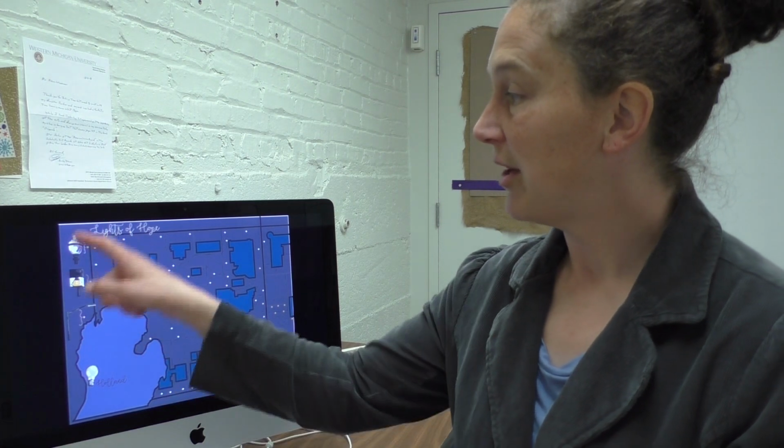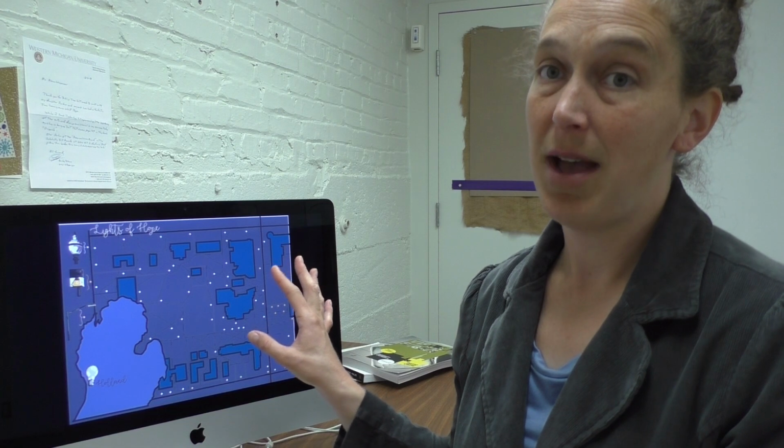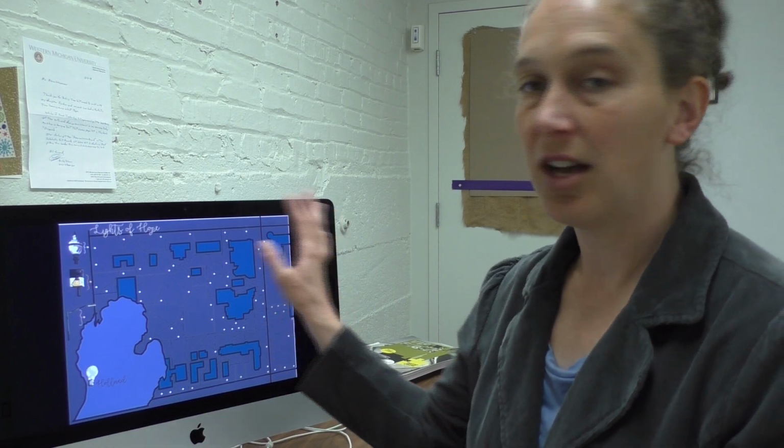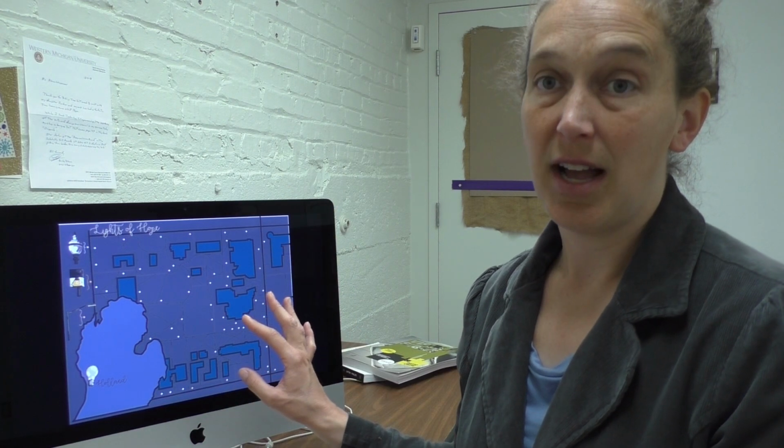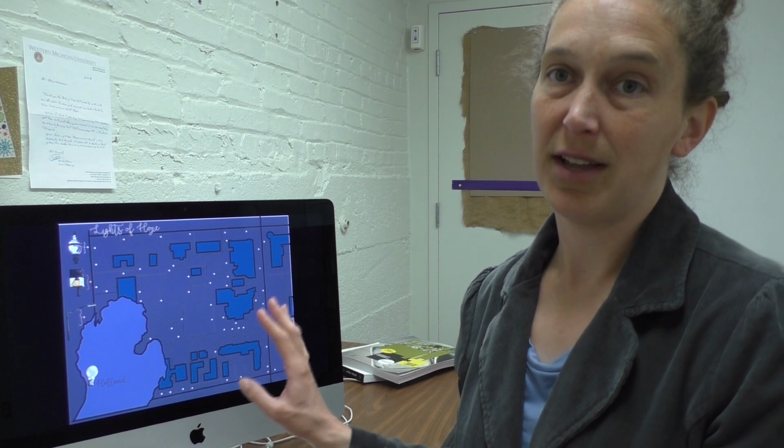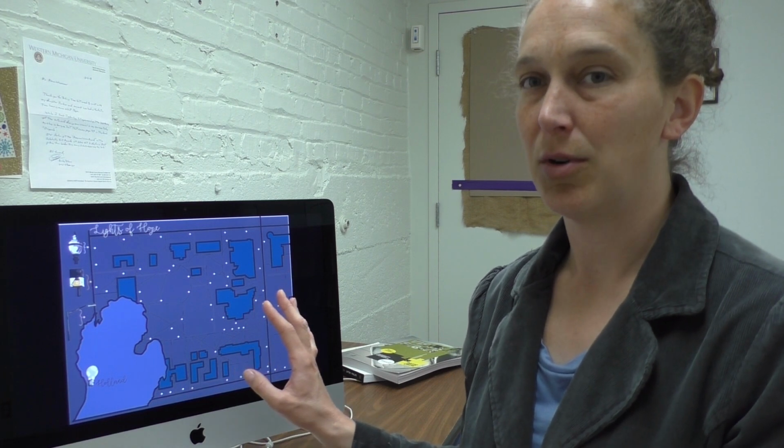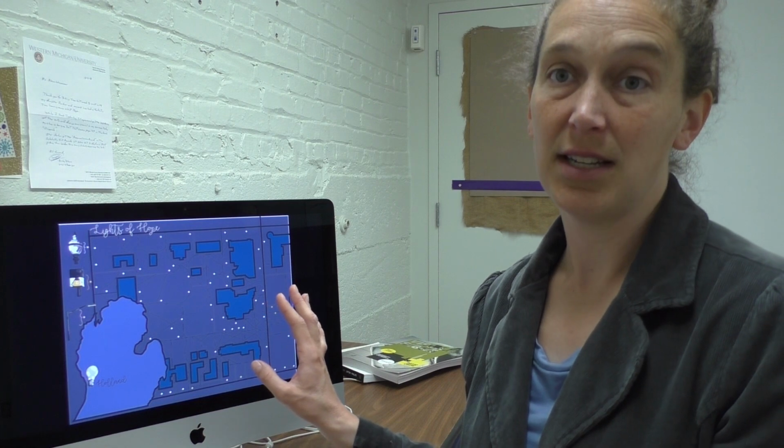And then the last student example here, this one is called the Lights of Hope. I think she could have done a better job of making the key more visible, but the overall concept of the map is so elegant and lovely, and the color scheme really emphasizes the concept really well, and it's these kind of like blues that are more associated with nighttime, like nighttime blues.